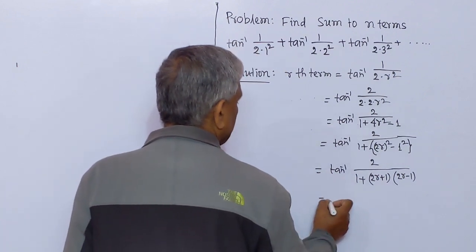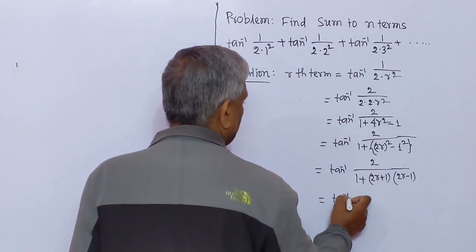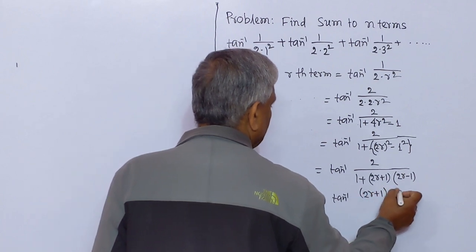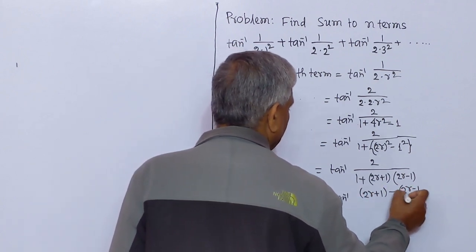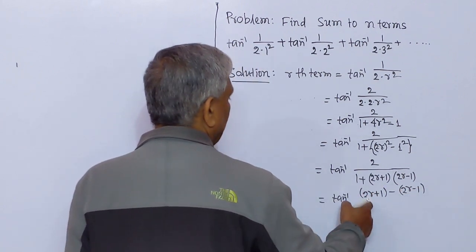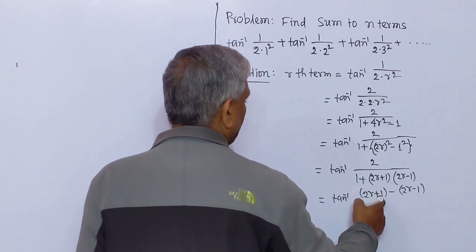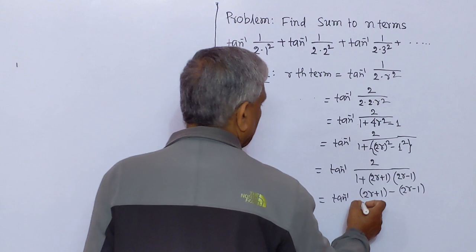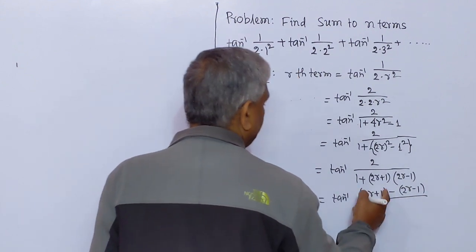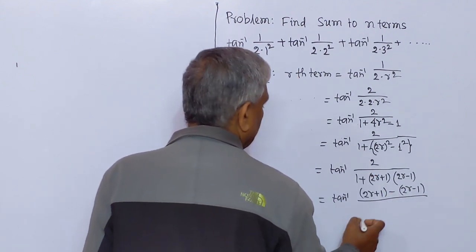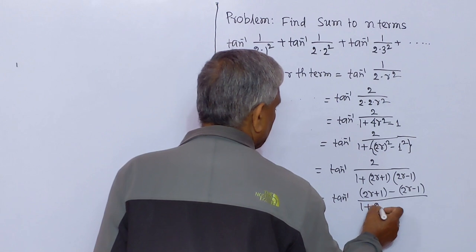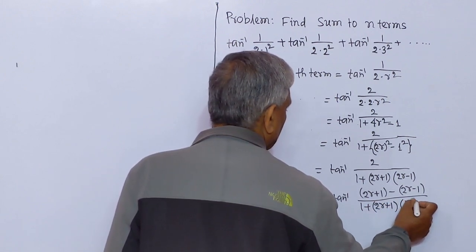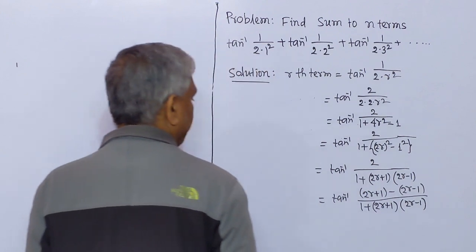we may write this as tan inverse 2 by 1 plus 2r plus 1 times 2r minus 1. Here, for the numerator, 2r and 2r cancel, plus 1 minus minus 1 gives plus 1, so 2.